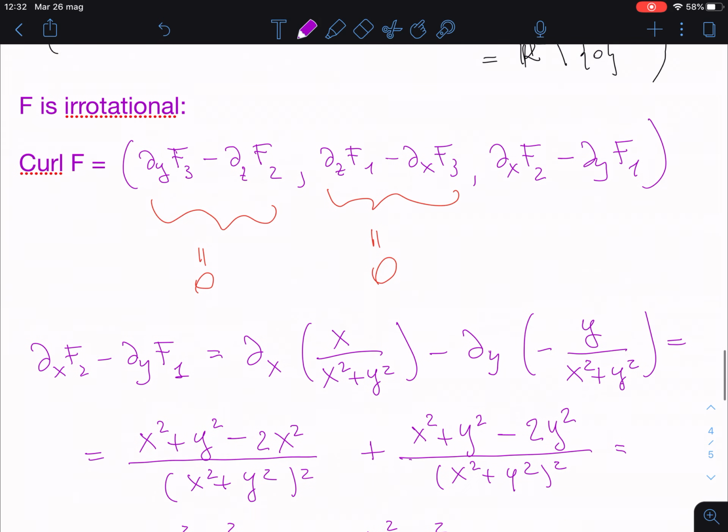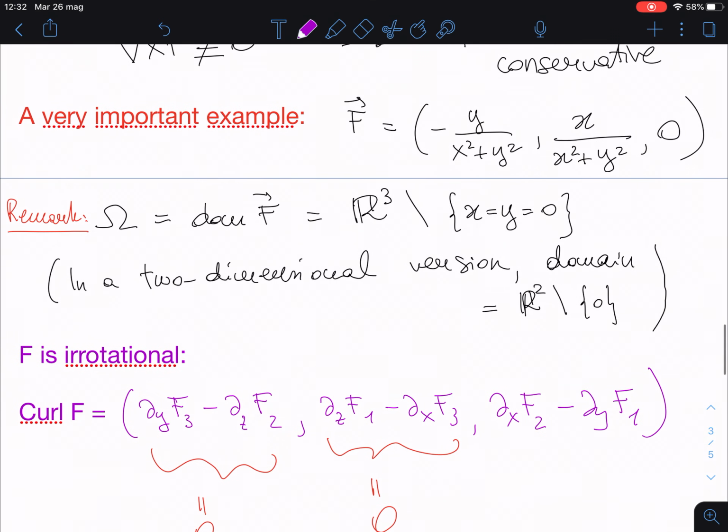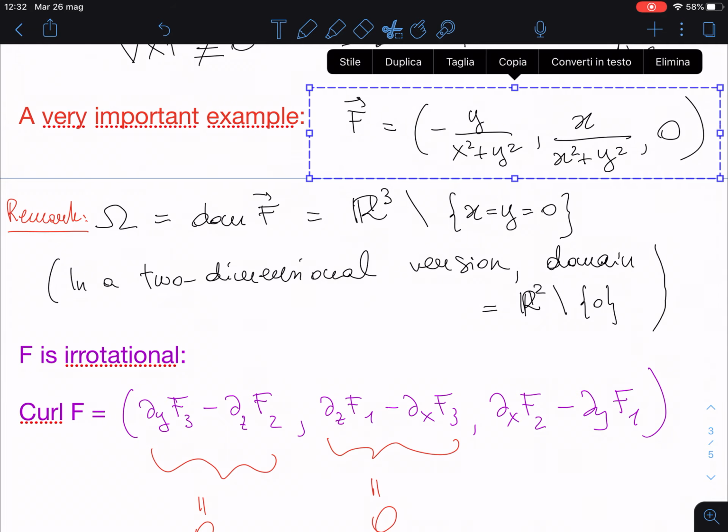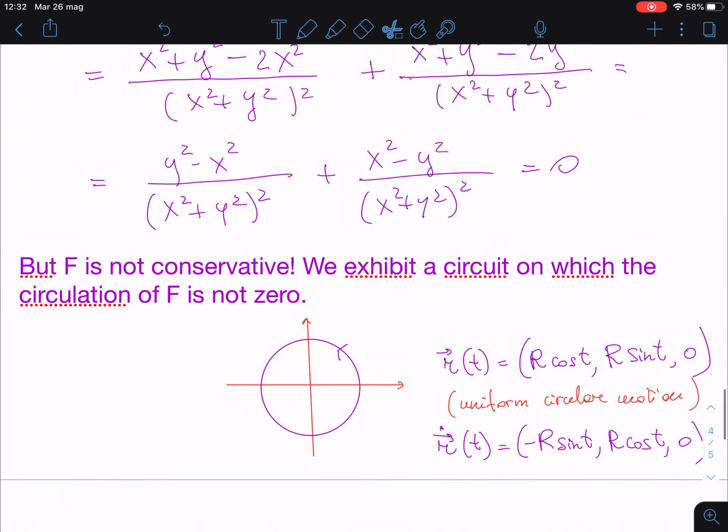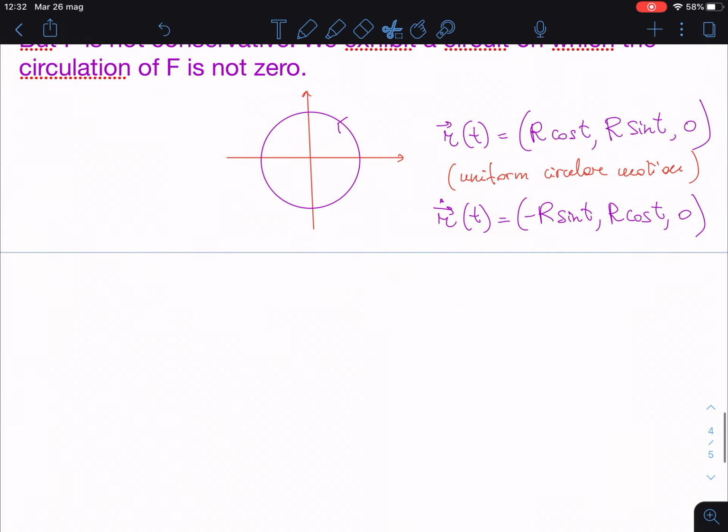And then we have to write the field. Okay, let me copy the expression of the field here. So we put it here.